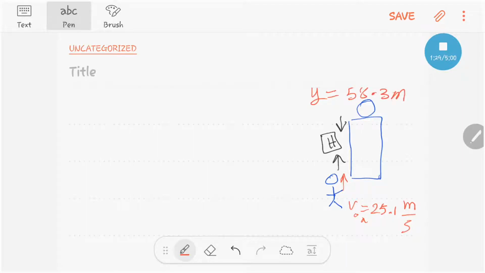So let's take this x-axis. This is x equals 0, from the spot where the boy throws the arrow.